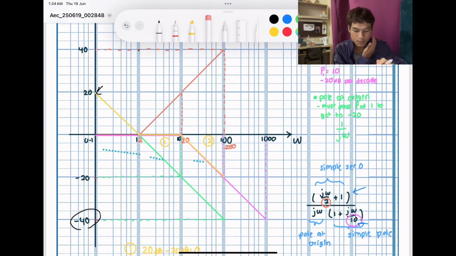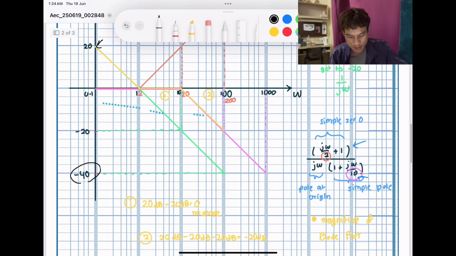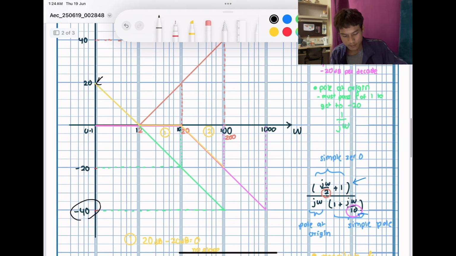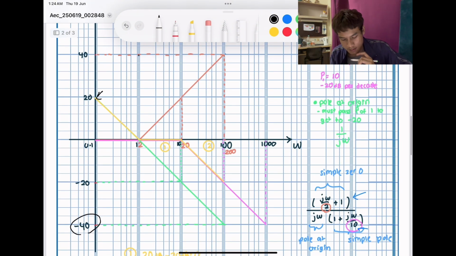Now we are done with all three functions. The last step for the Bode plot is to find its magnitude. The magnitude of the Bode plot is the change of the graph over the range of frequencies. As you can see, from 0.1 until 1, you have 3 types of line.